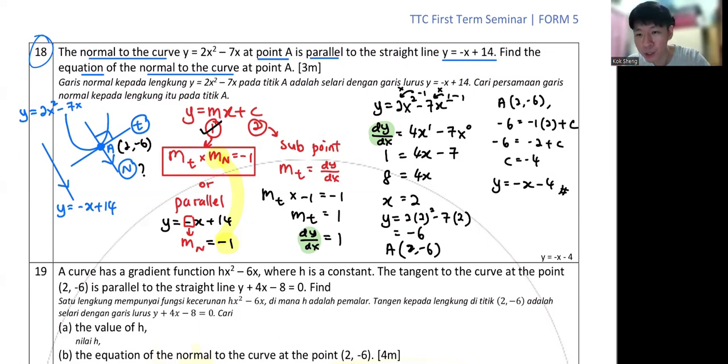Okay, 18 finished. Next one is 20. We have 3 more marks. Actually, for the working, just the black color one.